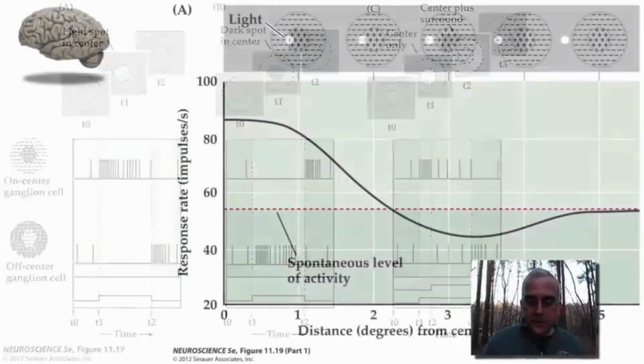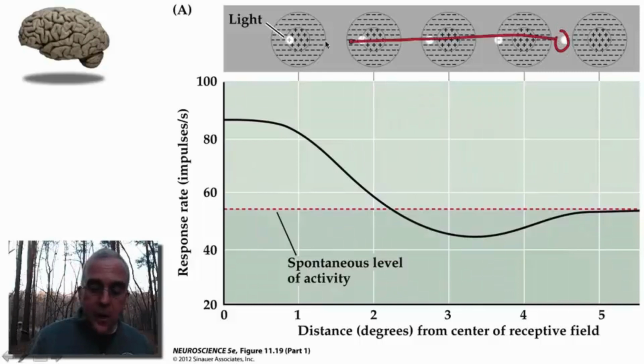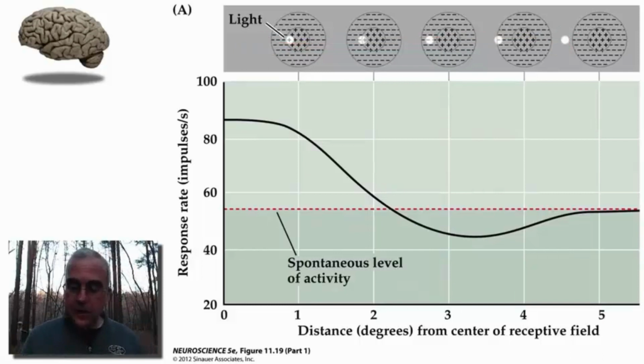Well, let's look at this behavior in a different way. So now imagine that we have an on-center cell, and we have a small spot of light that is passing across the receptive field from right to left. As we pass that spot of light through the center of the receptive field, we notice that there is initially a pretty strong response in the firing rate of this on-center ganglion cell.